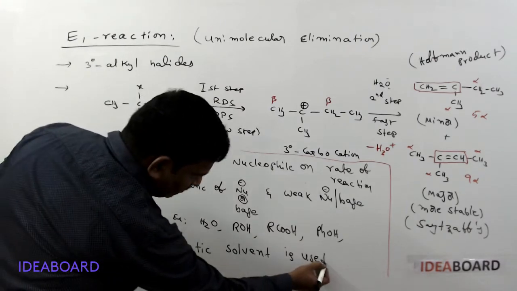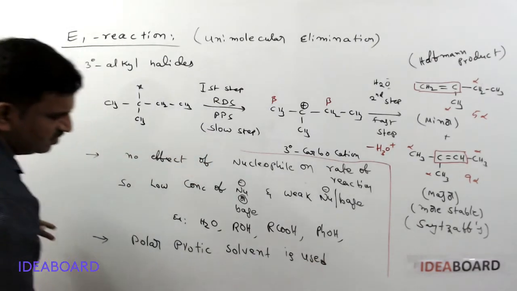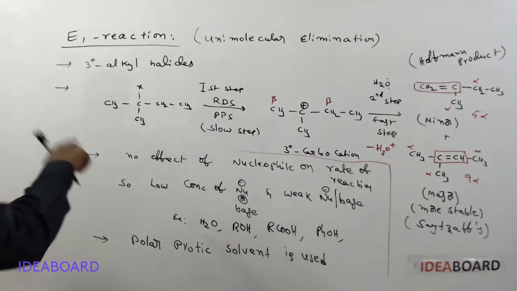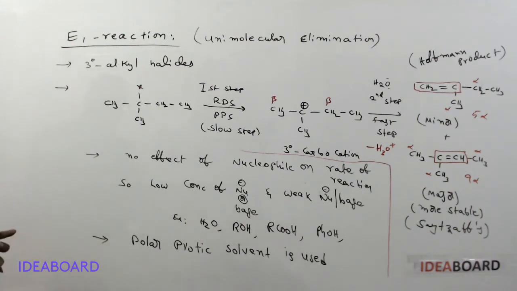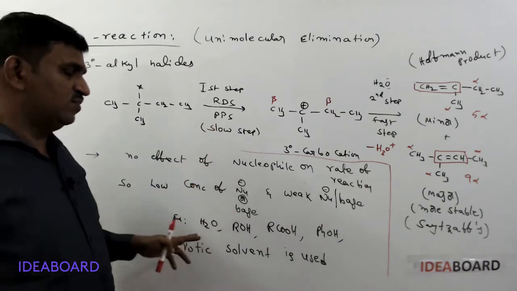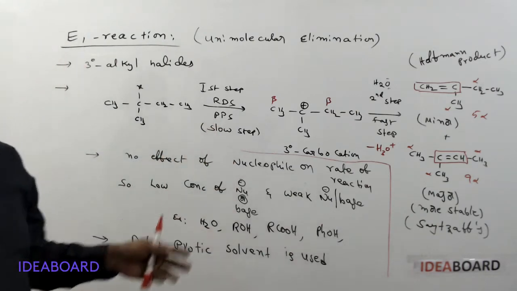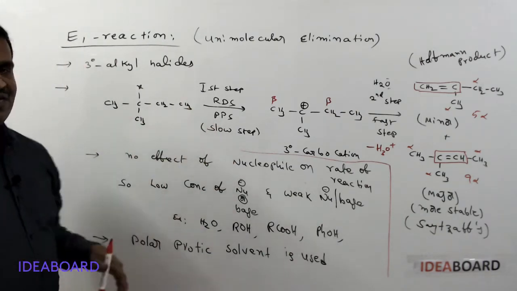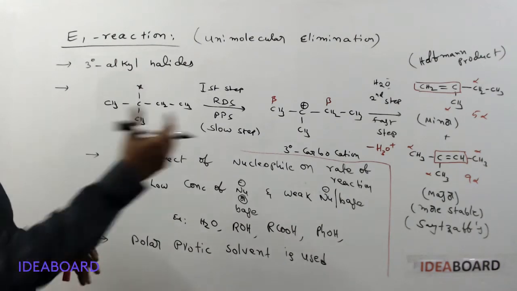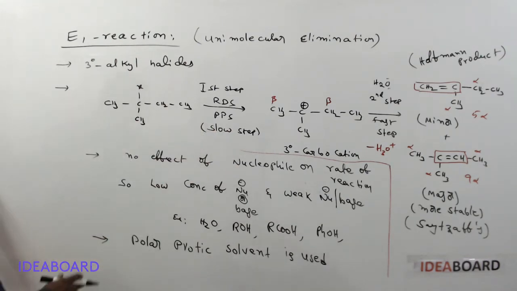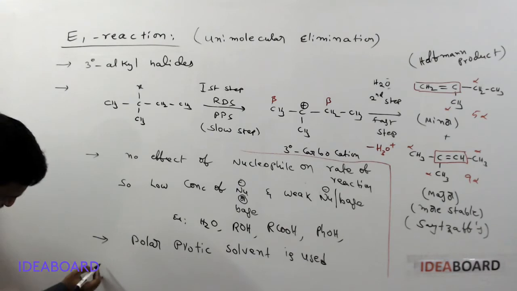Polar protic solvents are required for the SN1 reaction and for the E1 reaction. Polar protic solvents means water molecules or alcohol or acetic acid, or any H plus releasing solvents, which generally act as polar protic solvents.